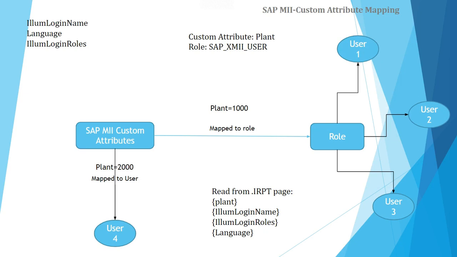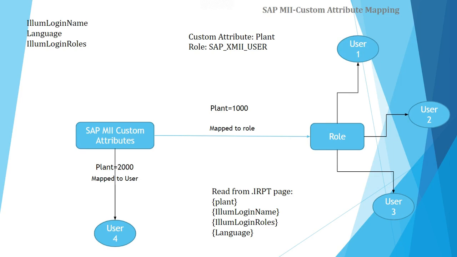But suppose I want to add an extra custom attribute to a logged in user. In that case, the MII custom attributes need to be created. Suppose I want to add a plant as a custom attribute, and whenever someone logs in, at login time itself I will identify whether that person belongs to plant 1000 or plant 2000, and according to that I will allow him to perform the action.